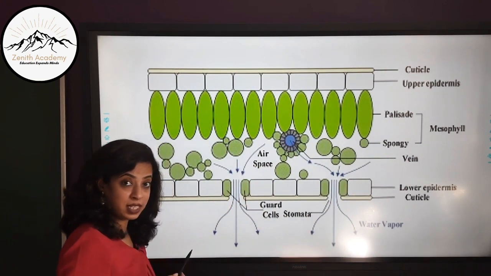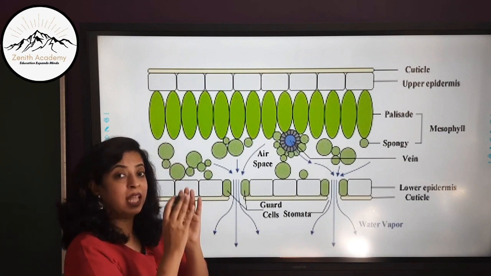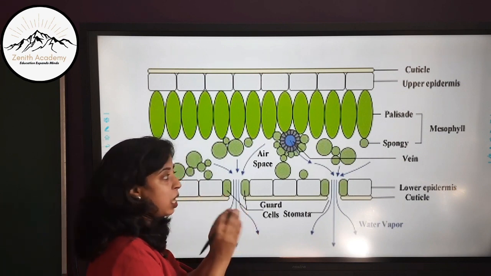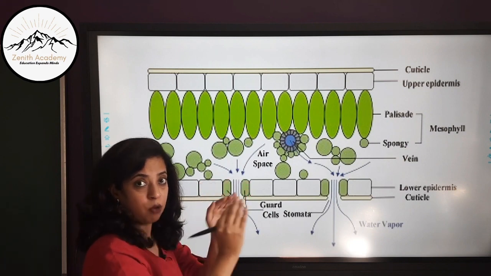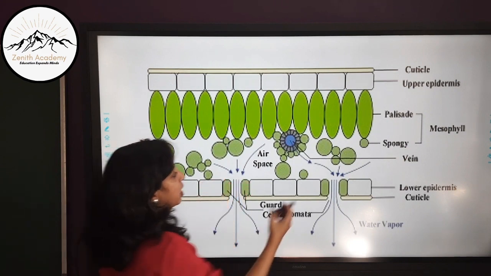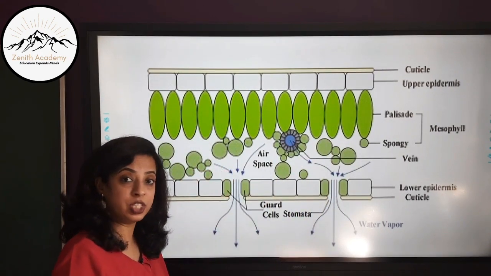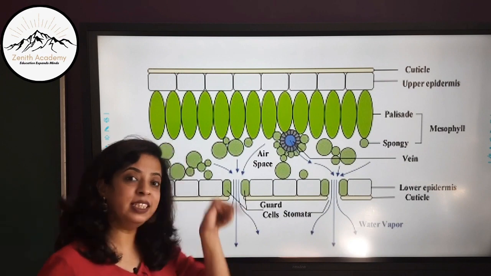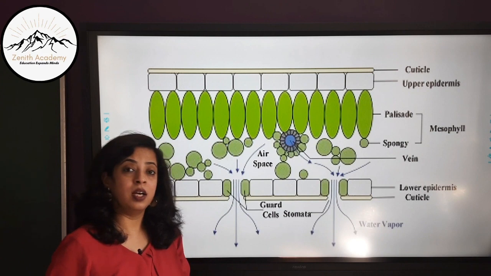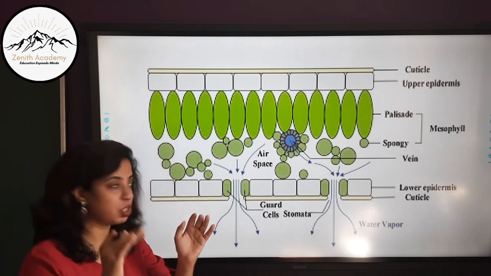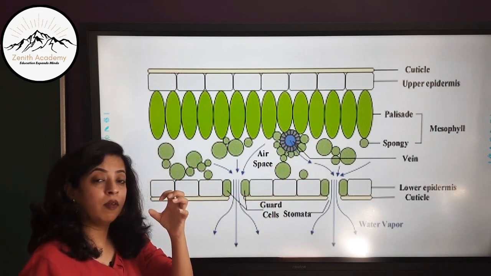Spongy mesophyll cells absorb moisture, and the cell sap of the spongy cells exerts a turgor pressure, the outside pressure on the walls, and there is a layer of water which is formed on the outside of these spongy mesophyll cells. Now, this thin film of water which is formed due to the cell sap exerting turgor pressure and the water coming out, this water will evaporate.